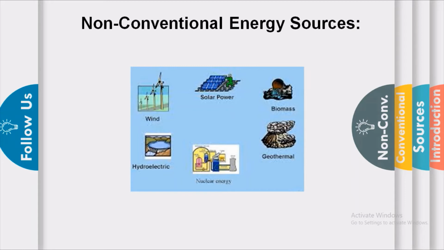Then wind energy, where windmills rotate to generate electricity. Also energy from the sea, that means tidal energy, wave energy, and ocean thermal energy. We have another source, geothermal energy, and also nuclear energy. So these are the examples of non-conventional energy sources. Let us look at them one by one.